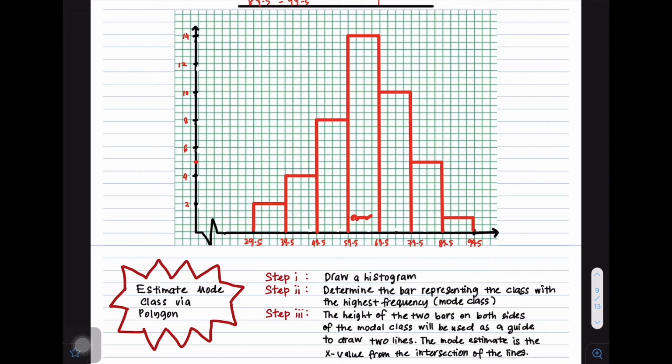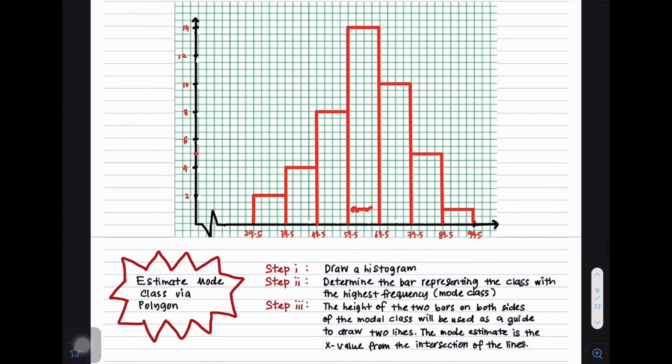So what is actually the point that is the mode? Because kita ada interval daripada 59.5 sampai 69.5, tapi kita nak tahu apa nilai mode yang sebenarnya. Okay, macam mana kita nak tahu nilai mode yang sebenarnya? Actually, we can find it from the histogram. So how? The first step is to draw our histogram. So now we already drawn our histogram.